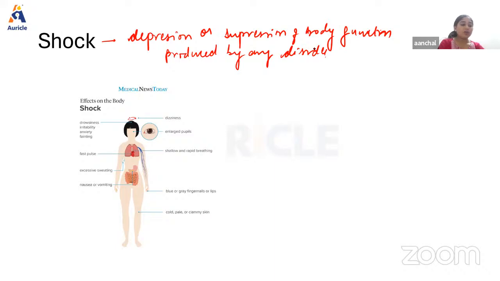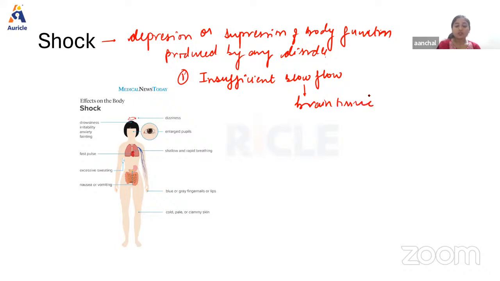Right. If we talk about the manifestation in different systems of the body, the characteristic feature of all types of circulatory shock is insufficient blood flow. Okay, so what is the reason that it occurs? Due to insufficient blood flow to the tissues of the body, particularly brain tissue.